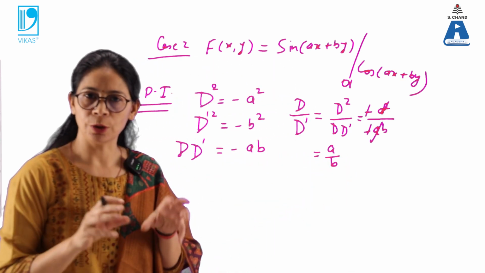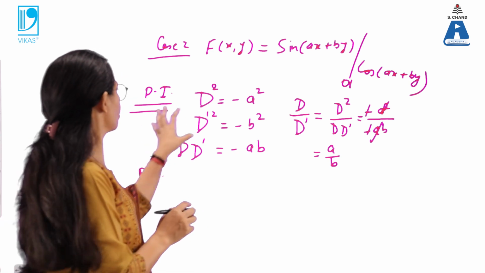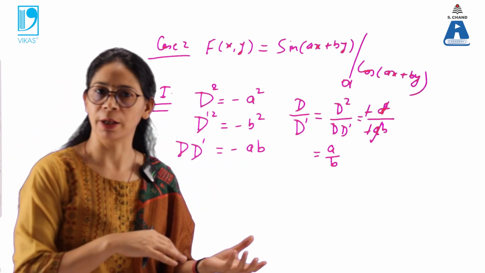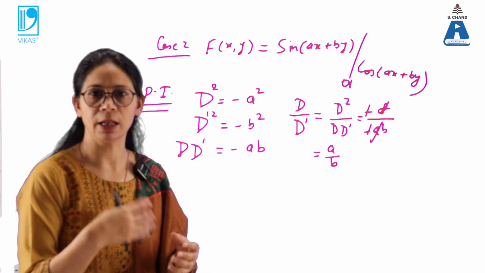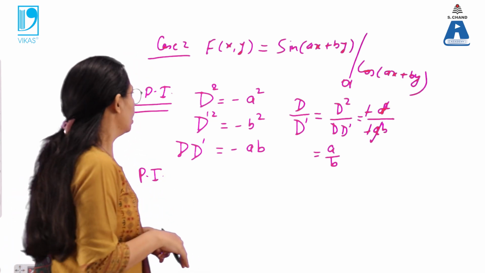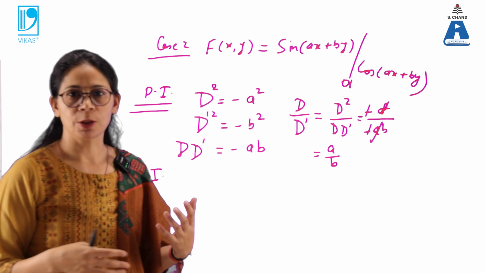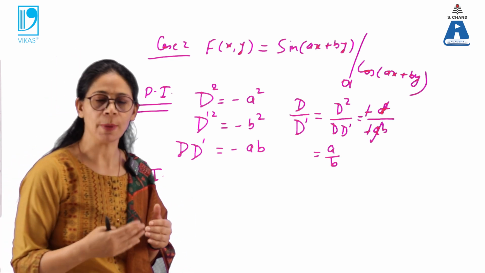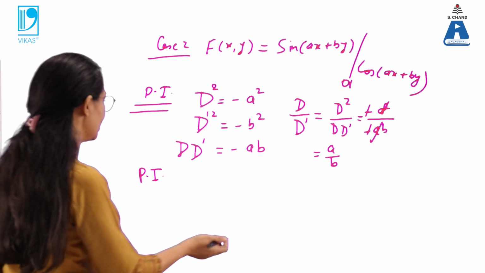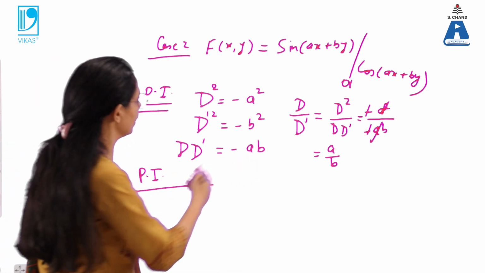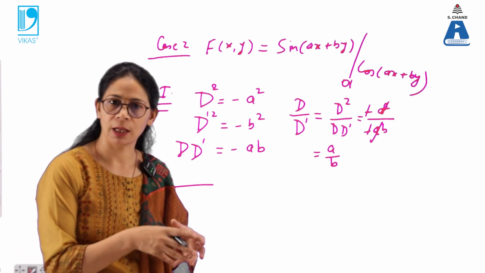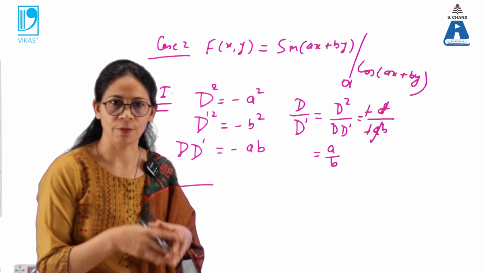So we should use them as it is. We should not take the square root of this, that D will be replaced with the square root of minus a square, because then it will become imaginary. And it cannot involve D raised to the power 3, 4 and 5, because we are considering a second order linear partial differential equation. So the PI will be written accordingly, by replacing these derivatives with the coefficients of x and y.